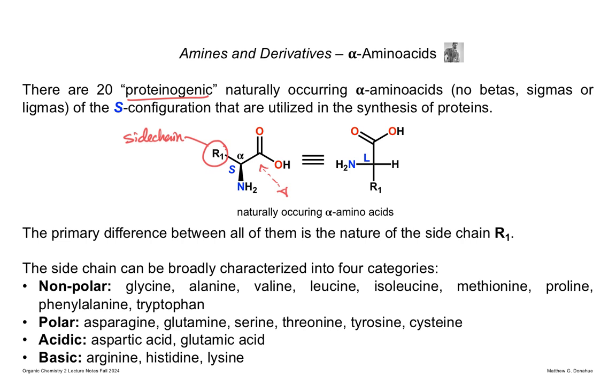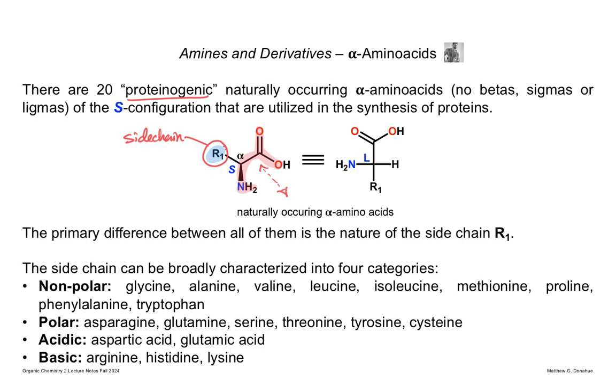Remember that naturally occurring sugars were D, naturally occurring amino acids are L. As I said, they differ according to what R1 is, but they all have, I'll highlight it in red here, the acid and then that amine residue. So the R1 is what's different.